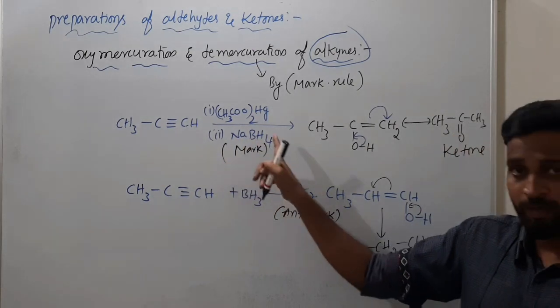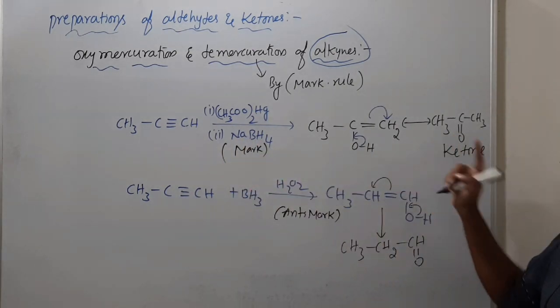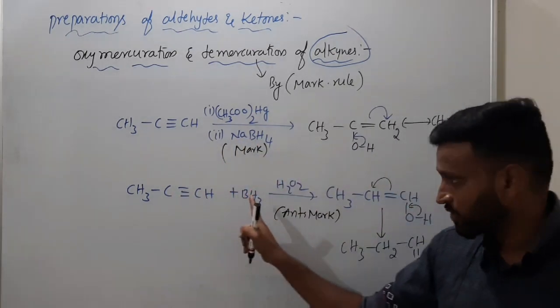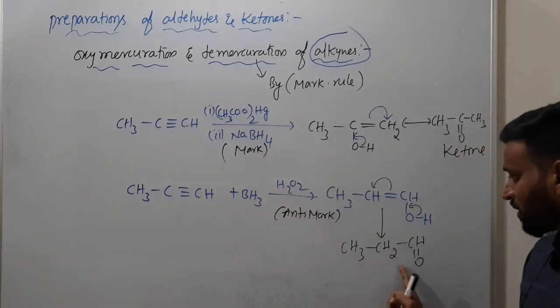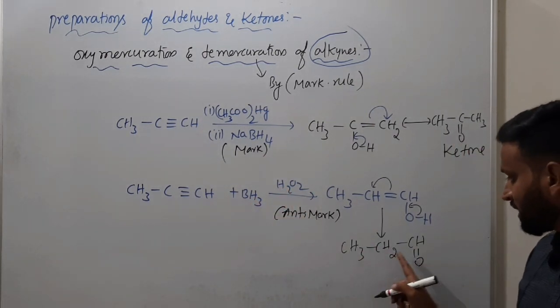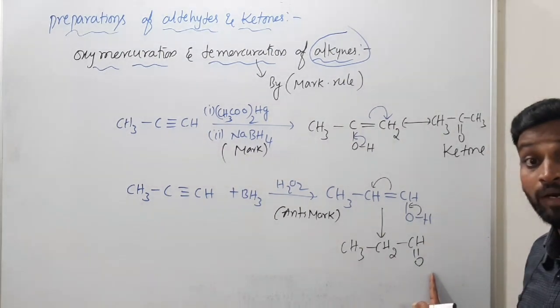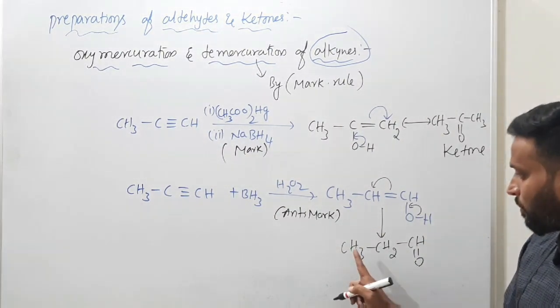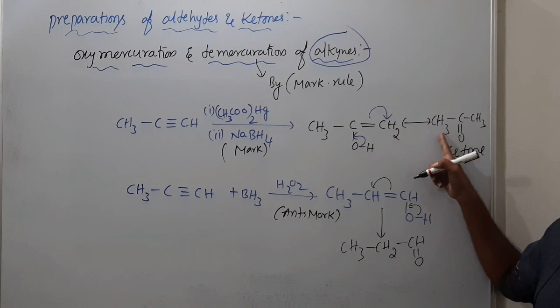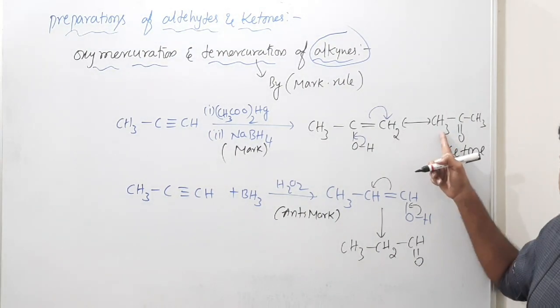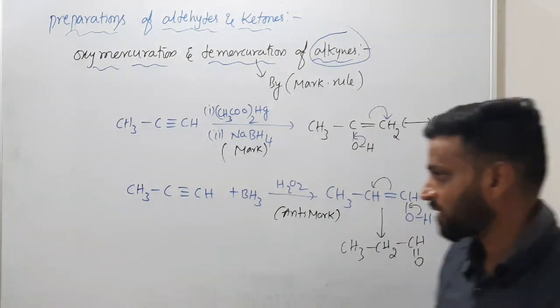Oxymercuration and demercuration gives ketone, acetone, and for the same reactant, if you add BH3 and H2O2, you get aldehyde, CH3CH2CHO, propanal, and this is propanone or acetone. Everyone must know the difference.